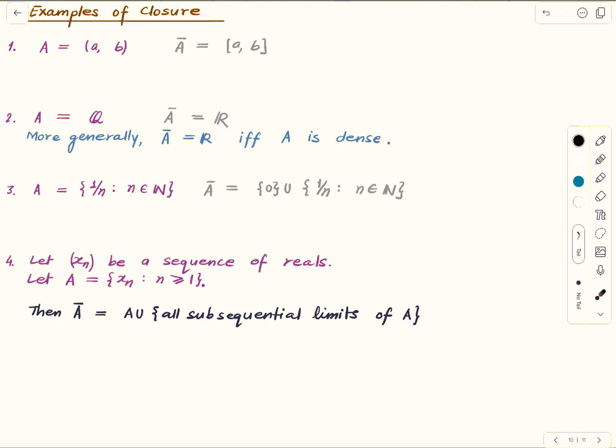But if it is in A closure, then every open interval around it will intersect A, and then you will be able to find a sequence of points in A which converges to that, and hence it will become a subsequential limit. Yeah, that is fine. So we have this.